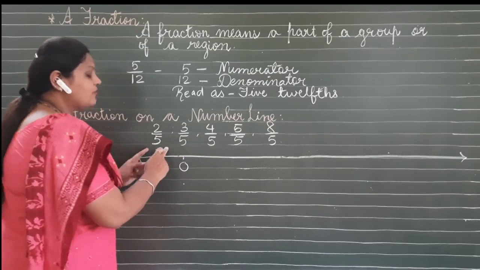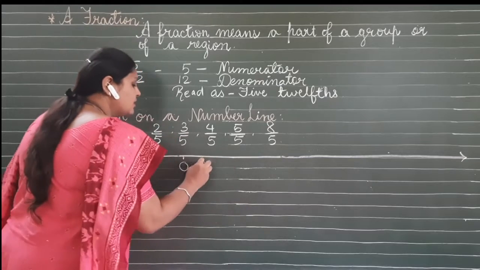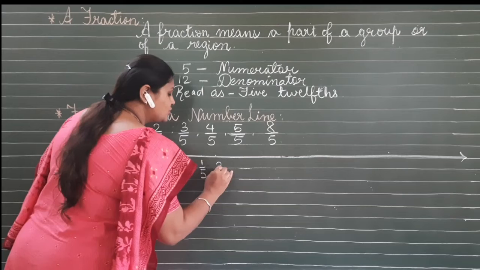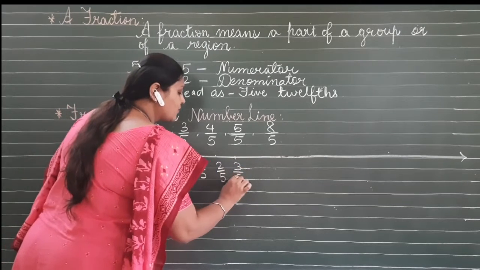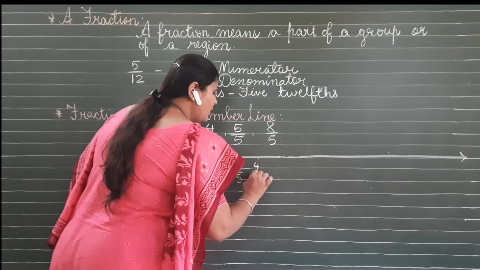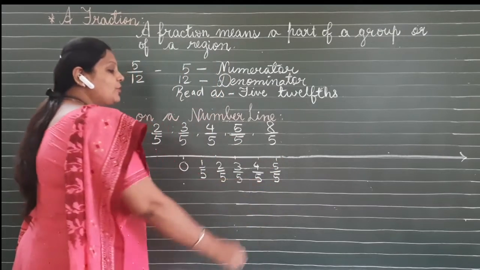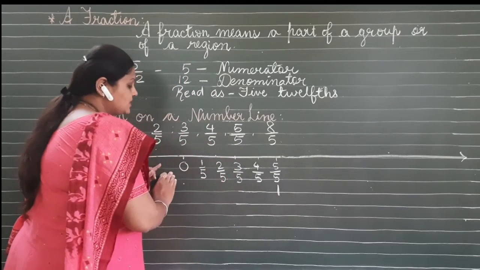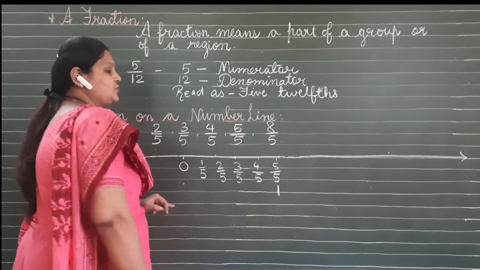Here it's 2 upon 5. But before that, the first part should be there. So 1 upon 5. Then 2 upon 5. Then 3 upon 5, 4 upon 5, 5 upon 5. Now 5 upon 5 means 1. So between 0 and 1, we are having this many fractions.